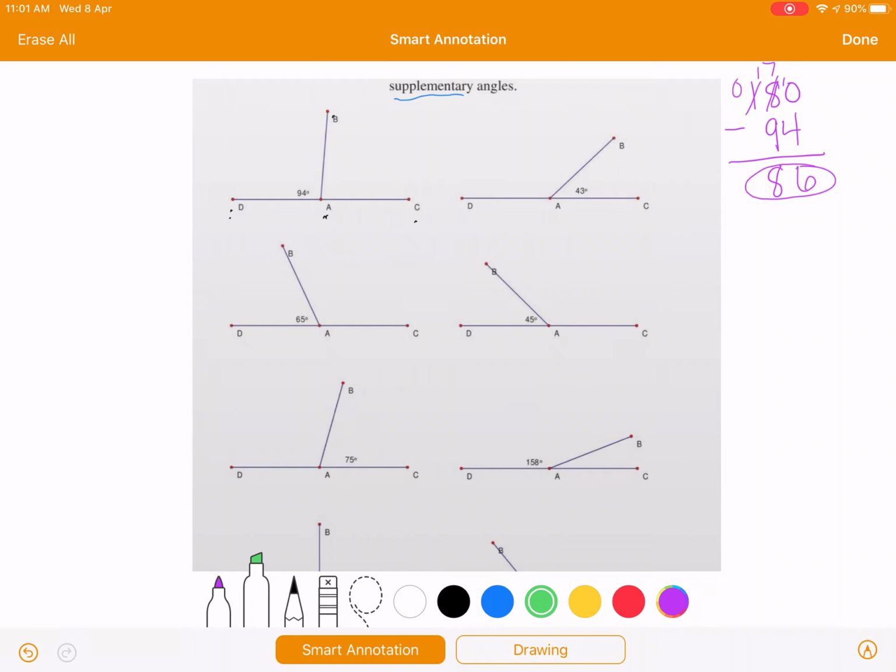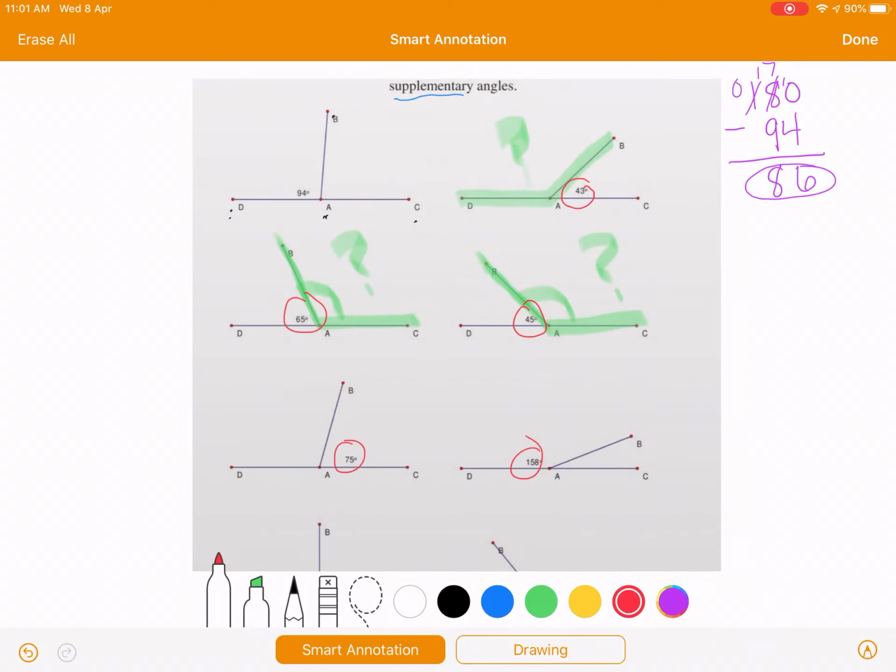Your job is to find angles DAB, and in this one, BAC, and in this one, BAC, based on knowing that this is 43, this is 65, this is 45, and so on. Good luck today.